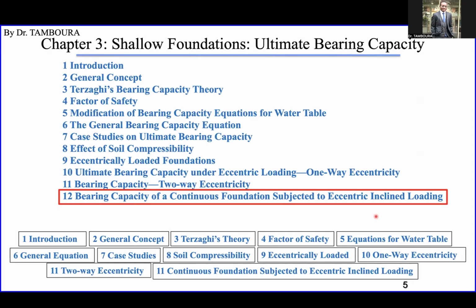I think in the two previous lessons, we talked about eccentric load. So on top of that, we will add inclined load. In that case, we are going to see how the ultimate bearing capacity will be obtained. Okay, so this is what we are going to talk about today.